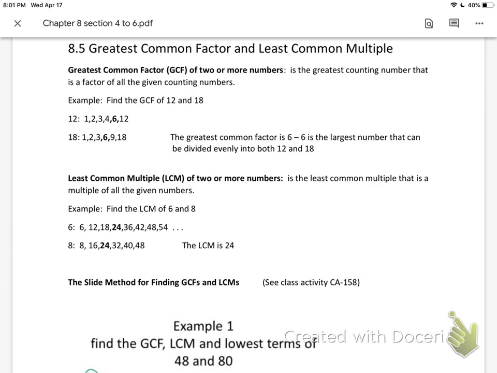So, for example, if I ask you to find the greatest common factor of both 12 and 18, first do 12. The factors of 12 in order from least to greatest are 1, 2, 3, 4, 6, and 12. The factors of 18 from least to greatest are 1, 2, 3, 6, 9, and 18.